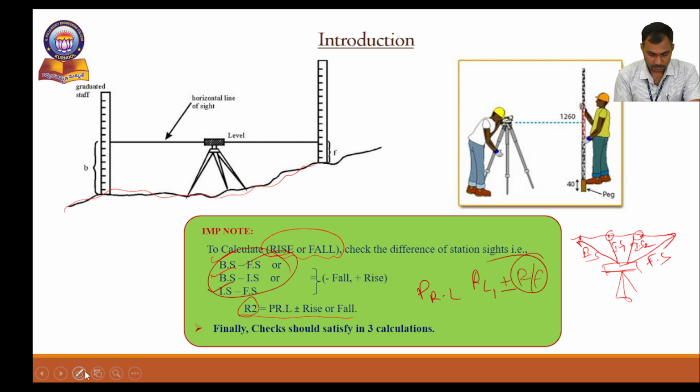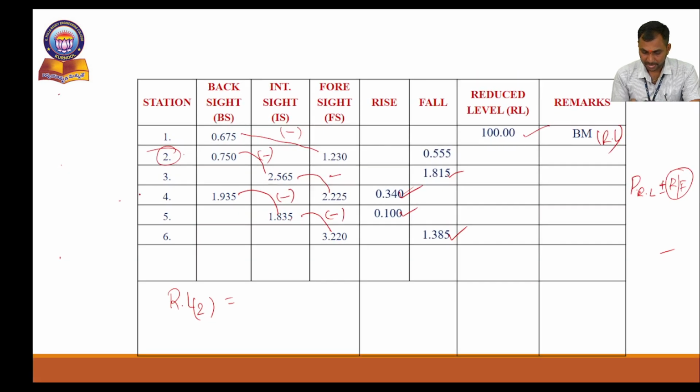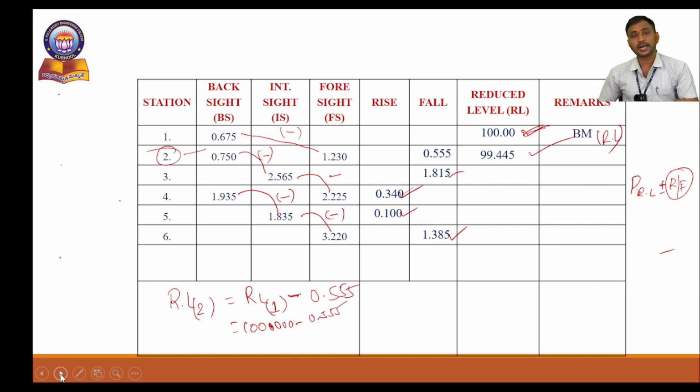Okay, we will do it now. Reduced level of 2 means RL of 1 minus the value presented for the second station, nothing but fall value. So that's why we have to write minus 0.555. So what is RL1? Nothing but 100. So 100.000 minus 0.555, if we do, we will get the value 99.445. Okay, like that.